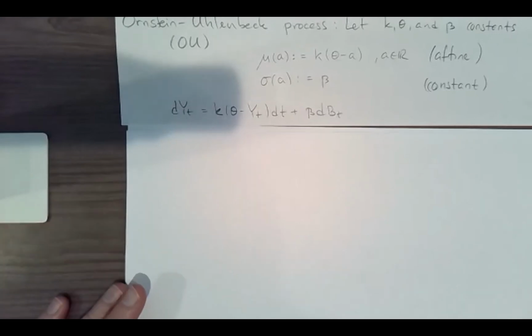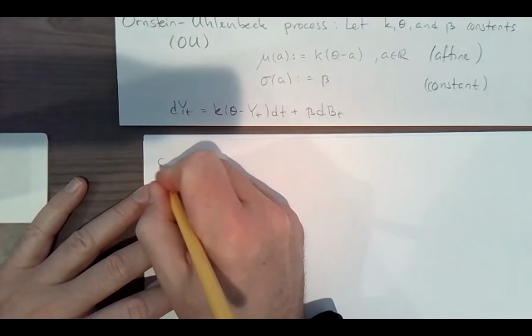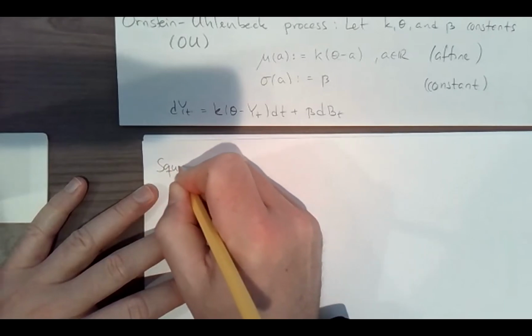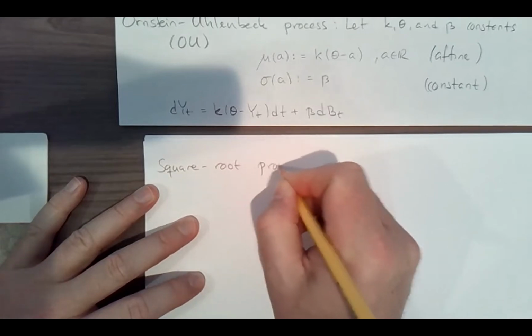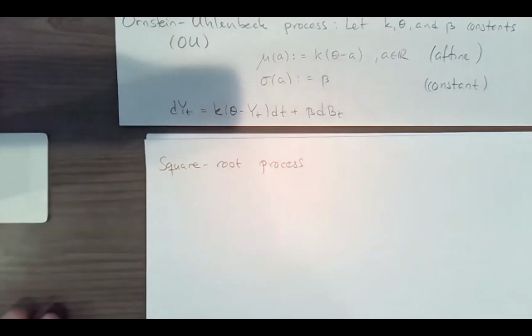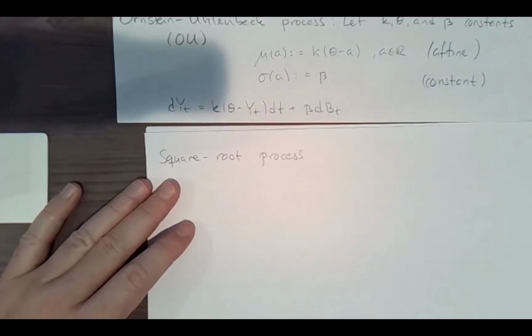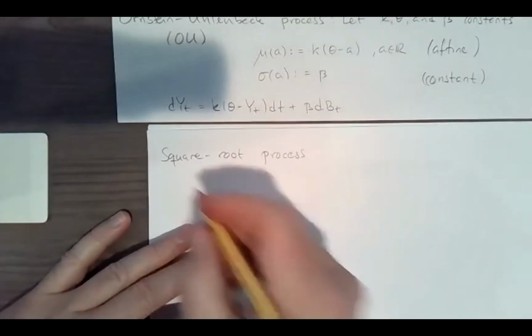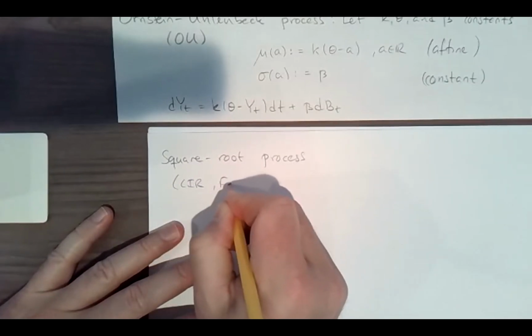The other one we're going to be looking at is the square root process. The square root process is also sometimes called a CIR process.